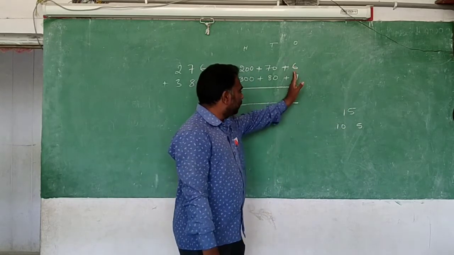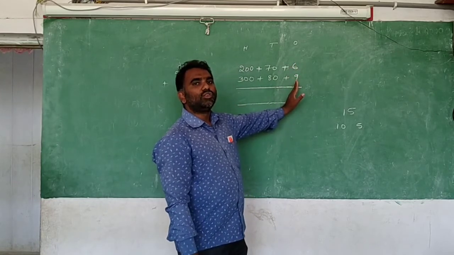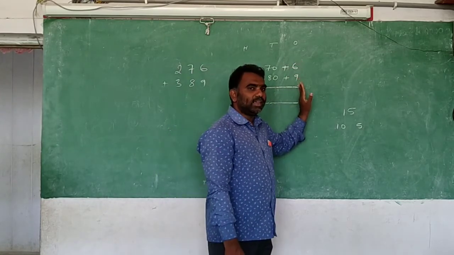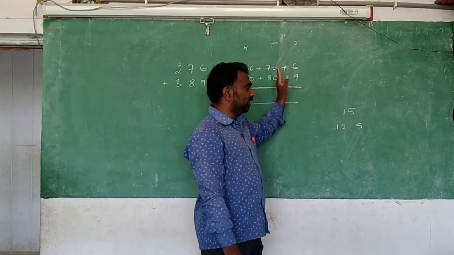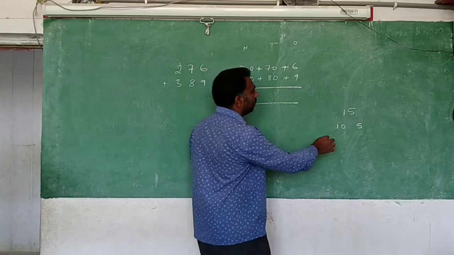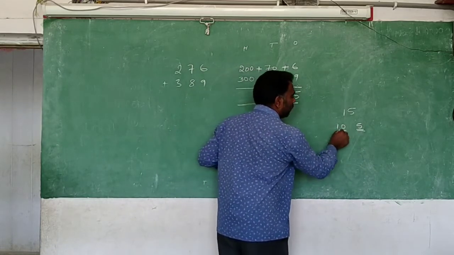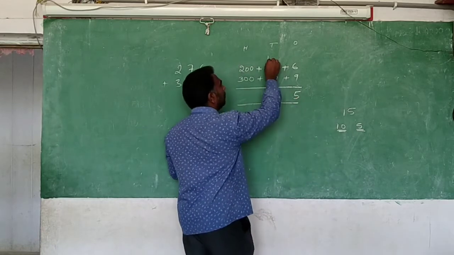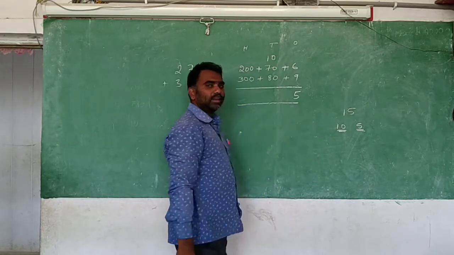But this place is given for ones only. Here we should not write the tens, only the ones. So that's why only 5 we will write here. And here one 10 is there. That 10 we will write in the tens place. Tens should be in one line.